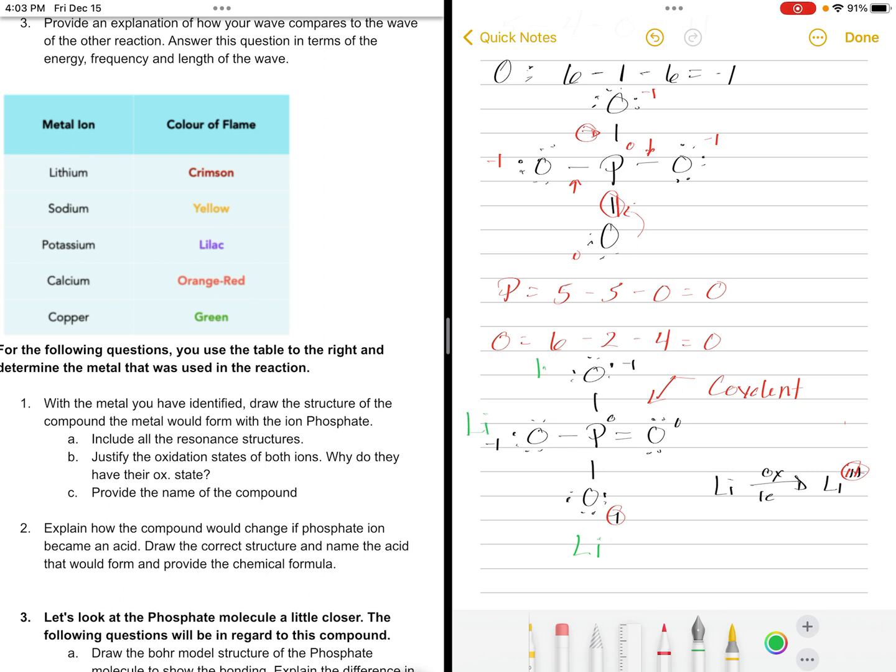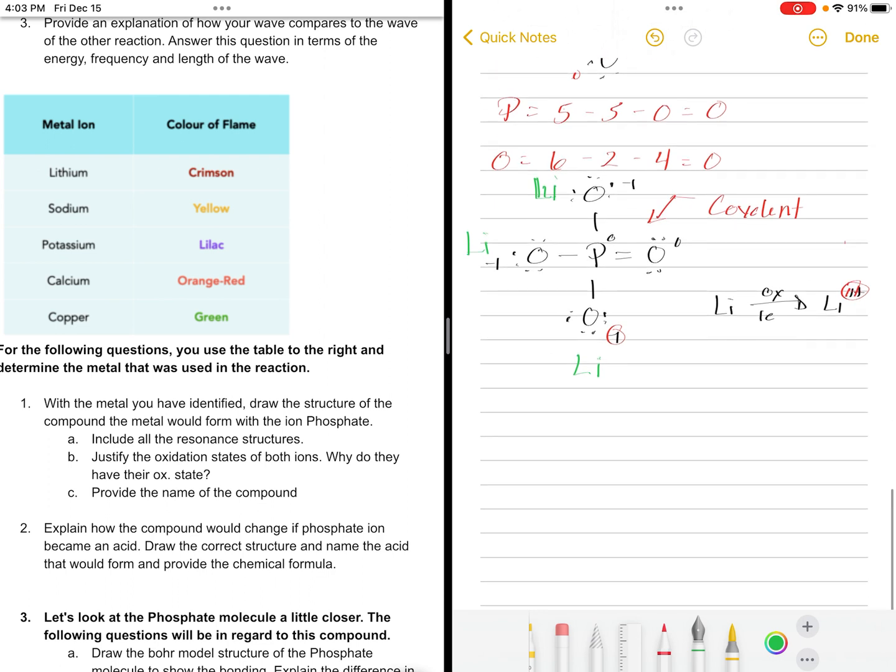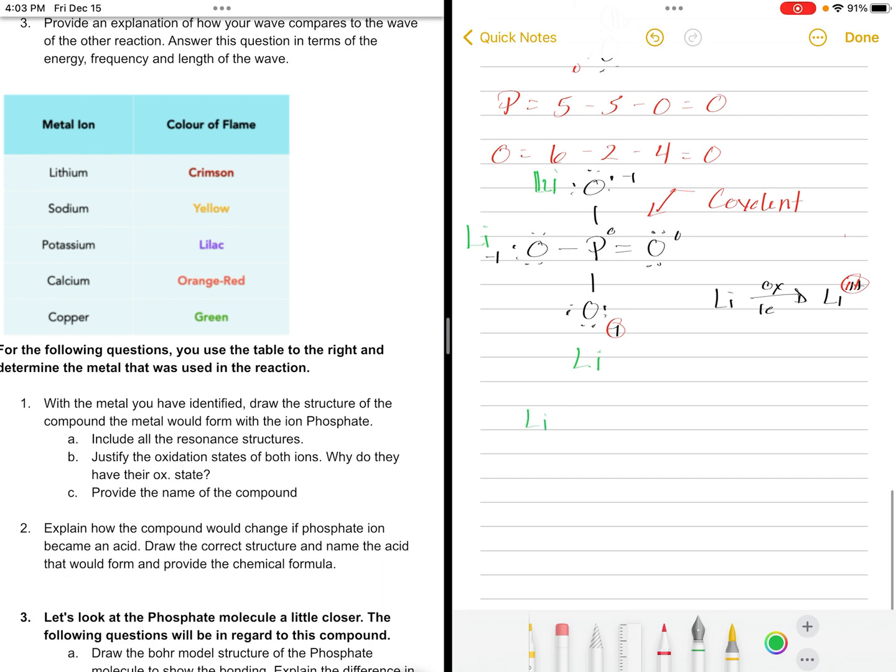And it's going to bond up here, right? Why do we need 3 lithiums? Because remember, the charges have to cancel out. If these charges were to add up, I would need 3 lithiums, right, to cancel out the 3- charge from the phosphate and form this chemical formula.